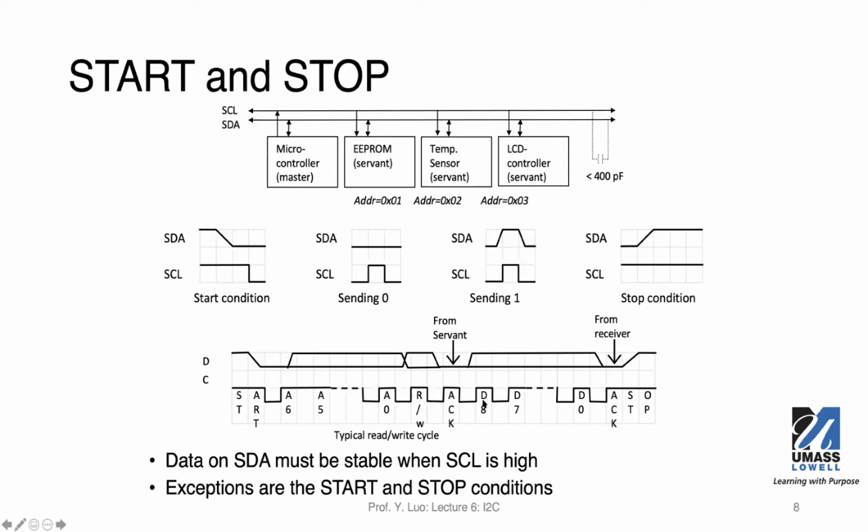And then what follows will be the next 8 bits. The next 8 bits could be data. Like we show here, we have D8, actually this should be D7, D6 up to D0, so 8 bits coming out from the next sequence of clock pulses.